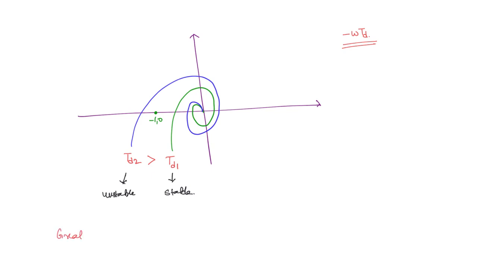Greater the time delay, less stable the system becomes, right? Because as we keep moving towards minus 1 comma 0, the system stability is considered to be reducing.